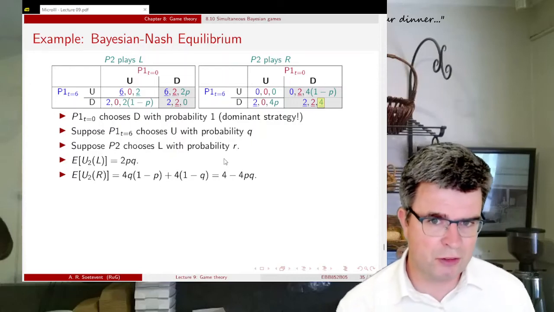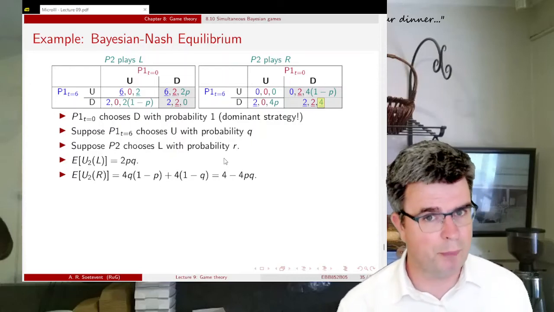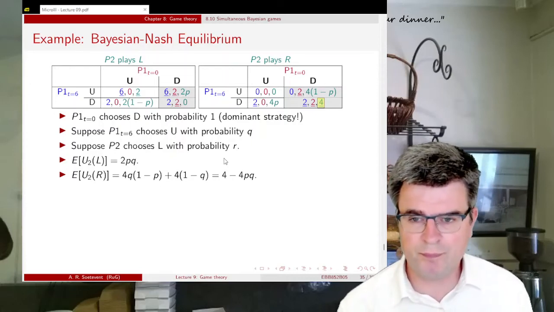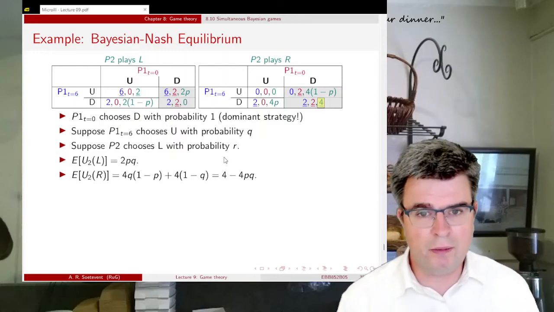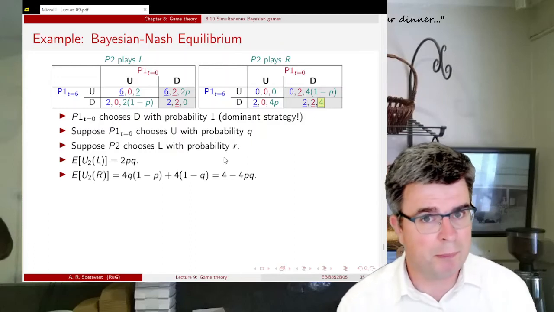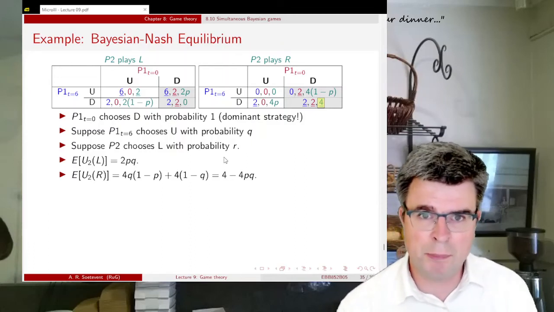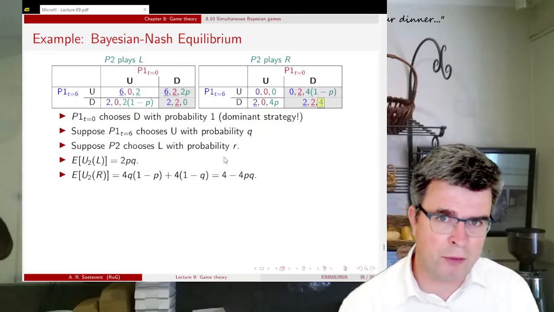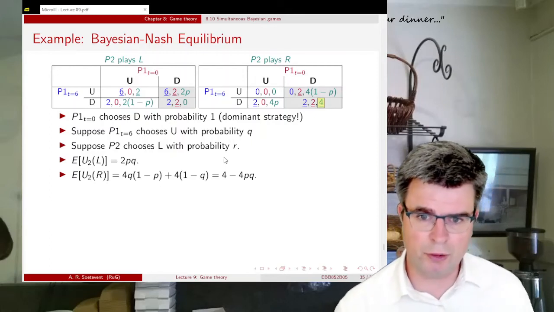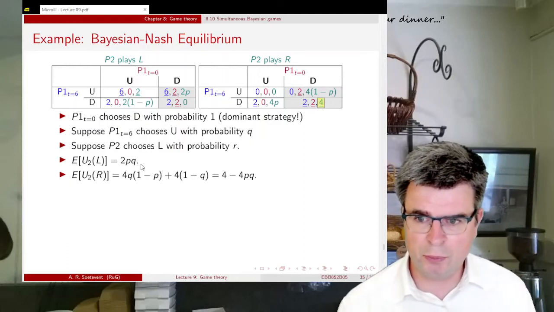And of course, it's our task to solve for q. Now going back, we know that if player 2 mixes in equilibrium between left and right, then the expected payoff of playing left must be equal to the expected payoff of playing right. So in other words, these two need to be identical.